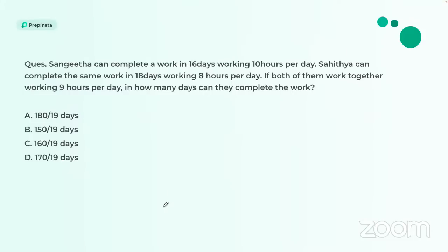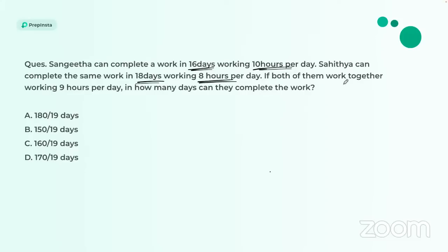What is the answer? Anyone try to solve it? Okay, just look into the explanation of how we actually do these type of problems. Sangeeta can complete a work in 16 days, working 10 hours per day. And Sahitya can complete the same work in 18 days, working 8 hours per day.